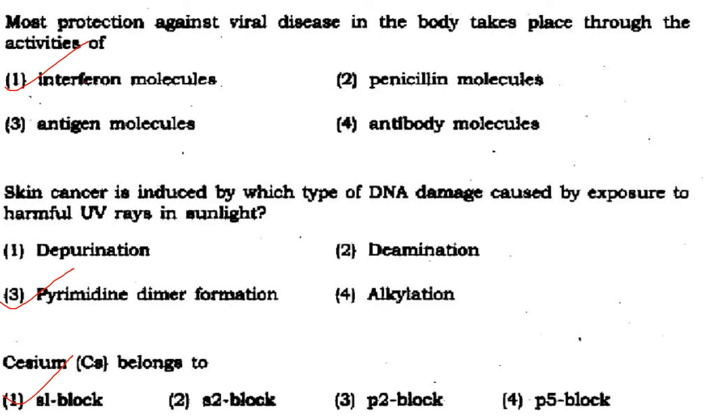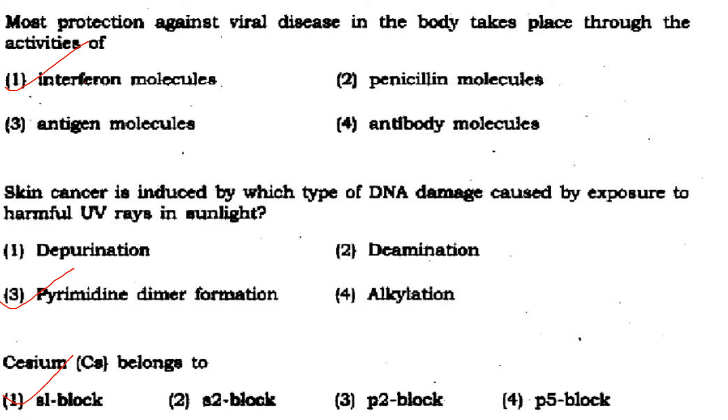Most protection against viral disease in the body takes place through the activities of option 1 interferon molecules, 2 penicillin molecules, 3 antigen molecules, 4 antibody molecules. Answer is interferon molecules. Skin cancer is induced by which type of DNA damage caused by exposure to harmful UV rays in sunlight?